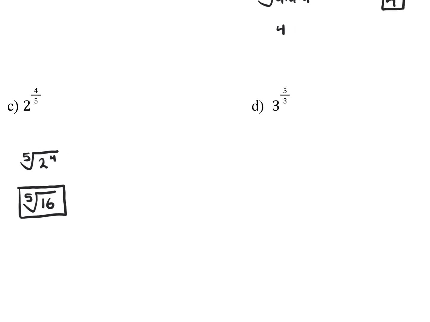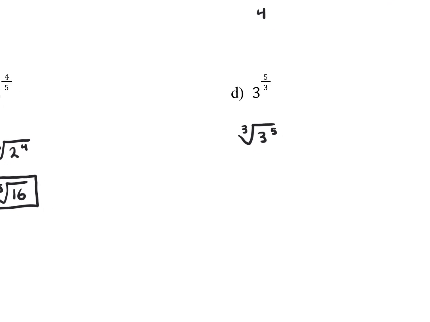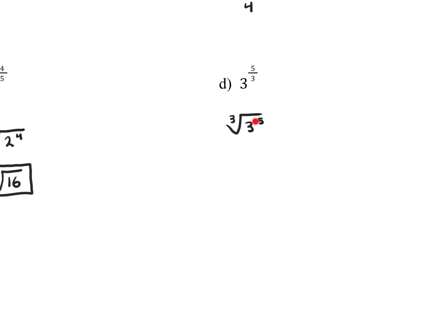And for this last one, here we have 3 to the power of 5/3. So it's going to be a cube root of 3 to the 5th. So maybe instead of actually figuring out what 3 to the 5th is, since I'm going to want to simplify it, I'm just going to expand it like this. It just means 3 times 3 times 3 times 3 times 3.